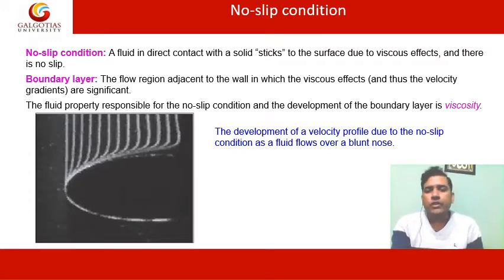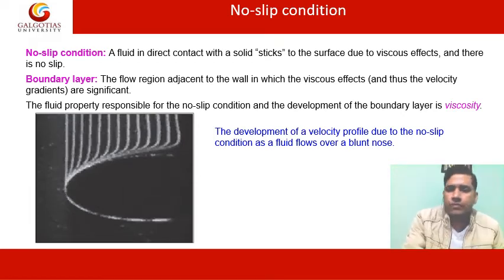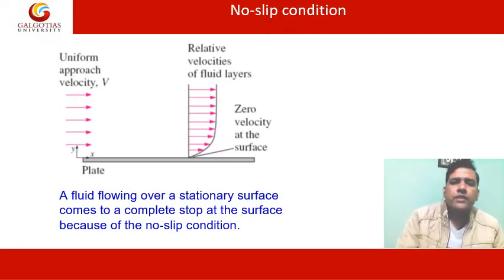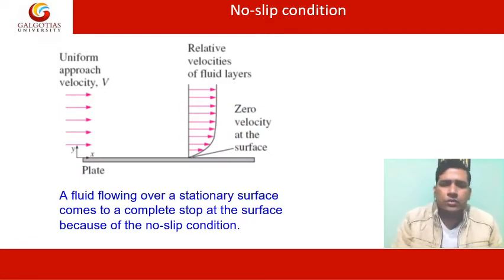The development of a boundary layer profile due to the no slip condition as the fluid flows over a blunt nose, this figure shows this. As you can see, this is a plate.